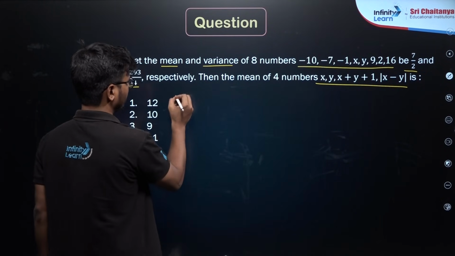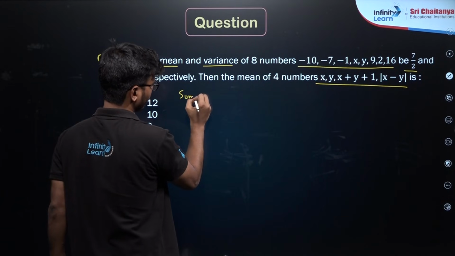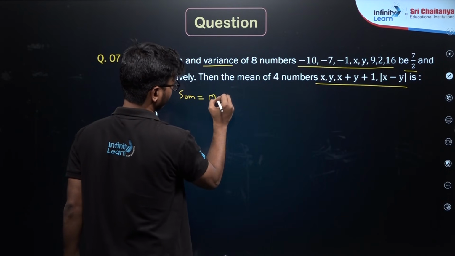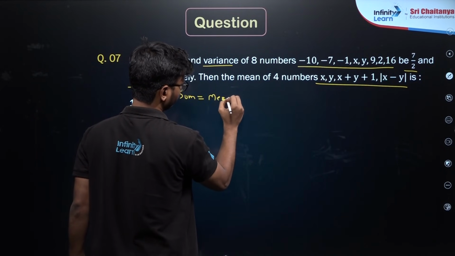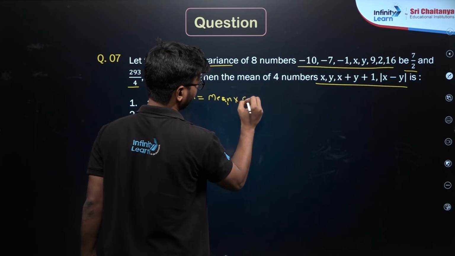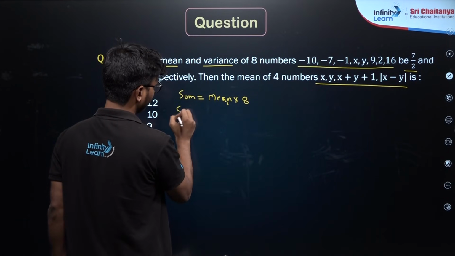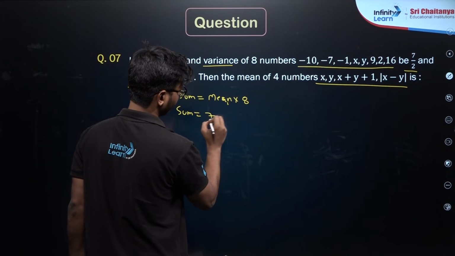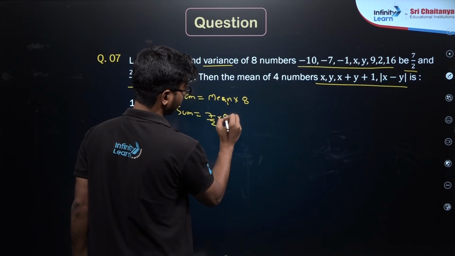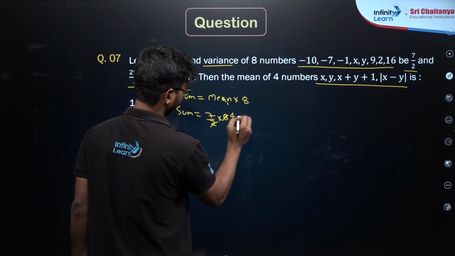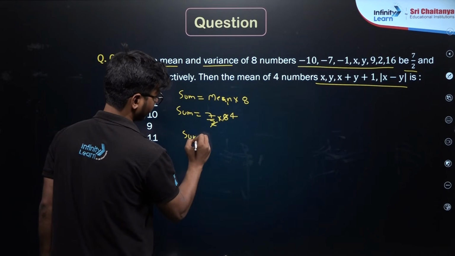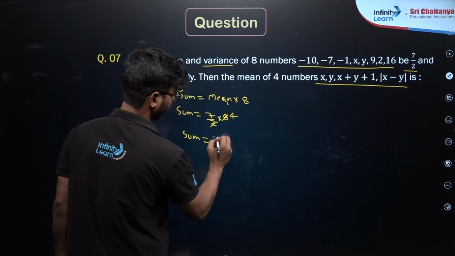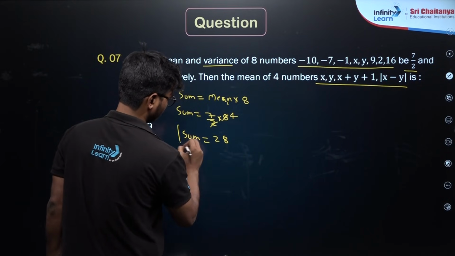We know that the sum is nothing but the mean multiplied by the number of terms, that is 8 here. So I am going to get the sum as mean 7 by 2 multiplied by 8. 2 1s are 2, 2 4s are 8. So we are going to get the sum as 28. Okay.